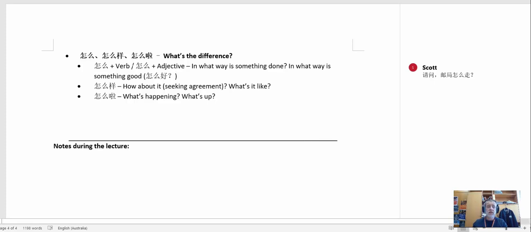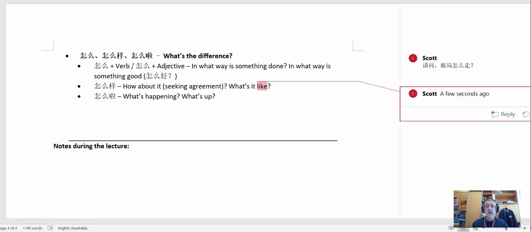Now that's a little bit different from the expression 怎么样. So for example, we might say, let's go to the post office, and then ask, what do you think of that? 我们一起去邮局怎么样? So here we're asking for agreement.